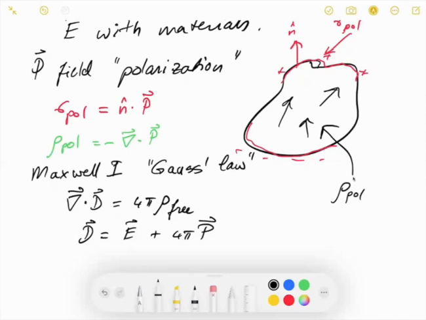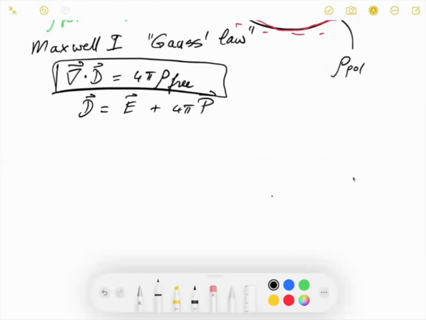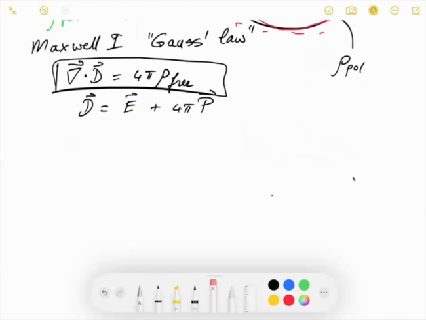But since we now have a modified Maxwell equation, we can use that modified Maxwell equation just like we were doing before, in integral form.